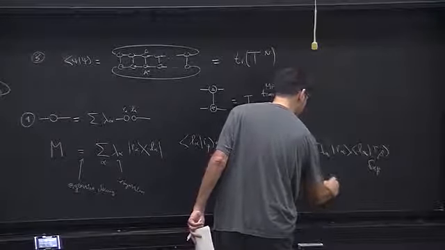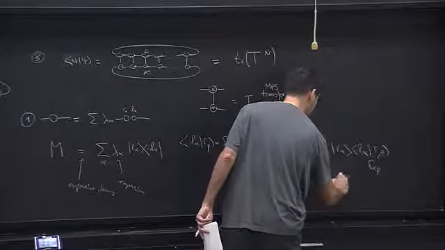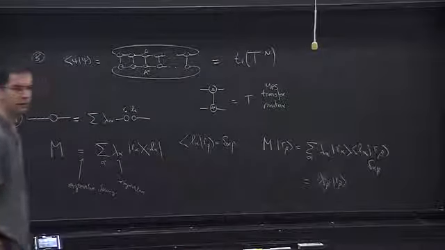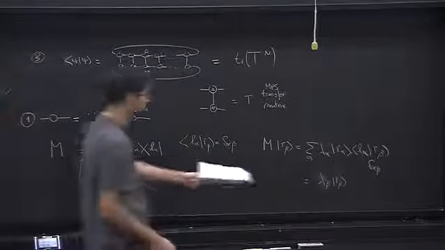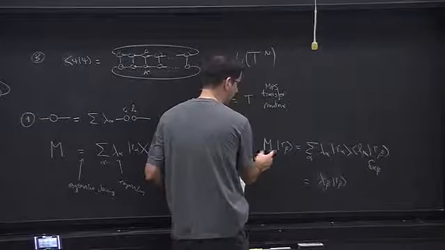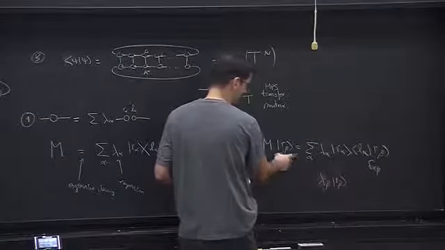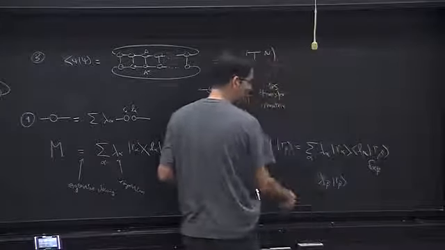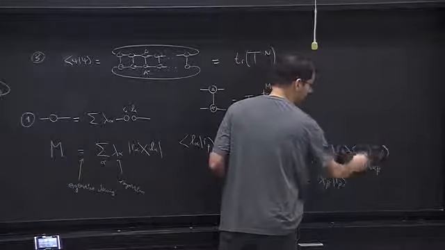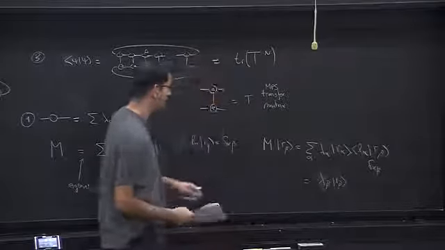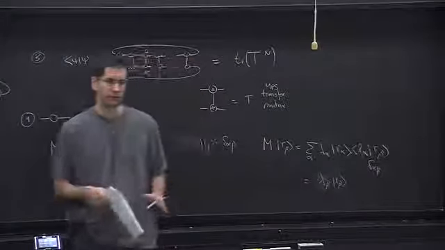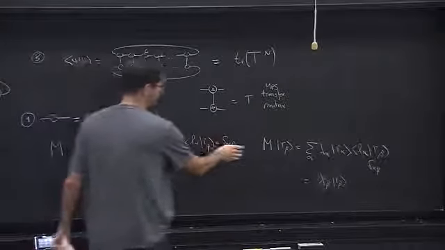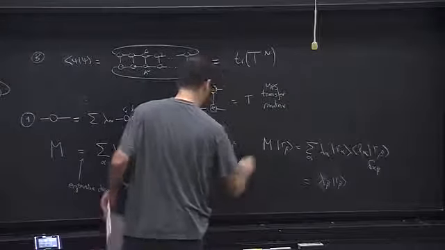This is lambda beta times the right eigenvector. So all we need for M acting on the right eigenvector to give the eigenvalue times the right eigenvector is this relation here. It doesn't tell us anything about the right eigenvectors being orthonormal or anything like that. And the same occurs if we act with the left eigenvector.